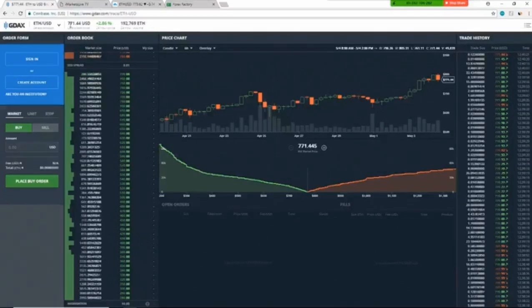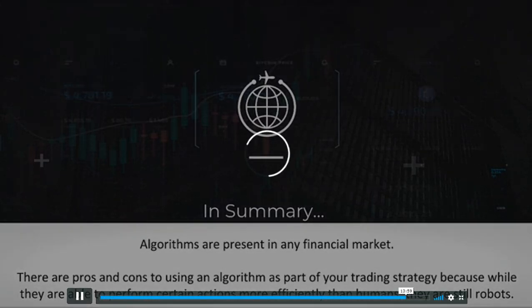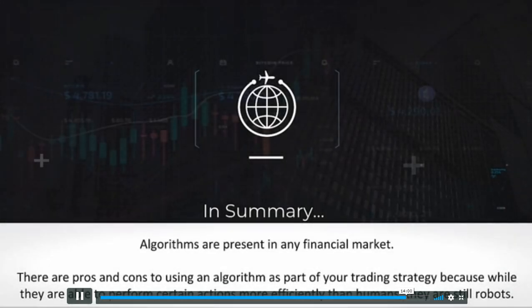So that is why you're going to see different levels of volume in the last 24 hours, and also sometimes a little bit of a discrepancy within the actual price. In summary, algorithms are present in any financial market.